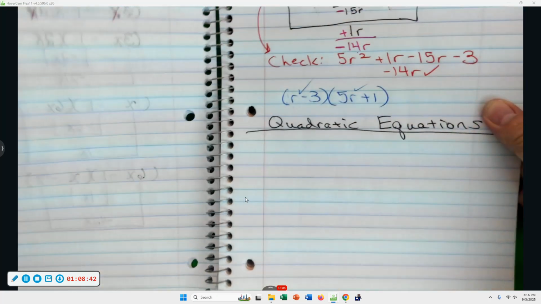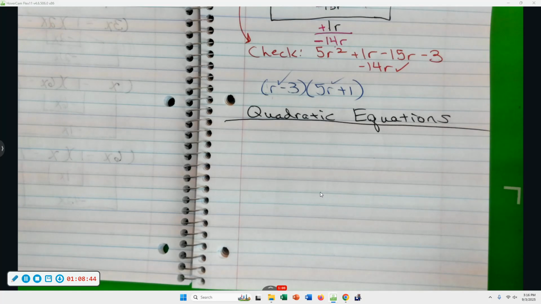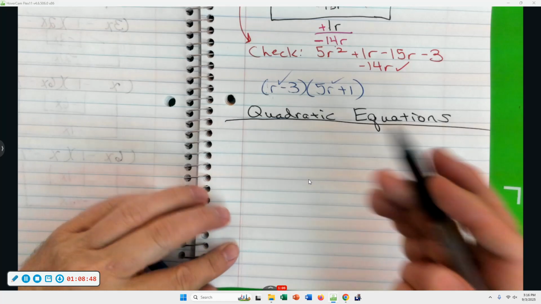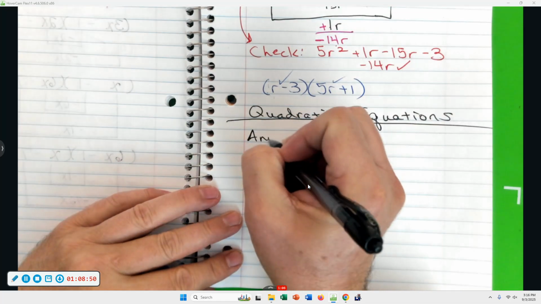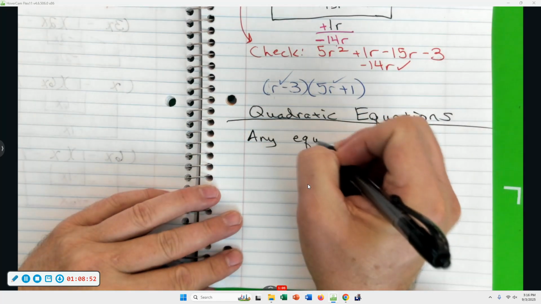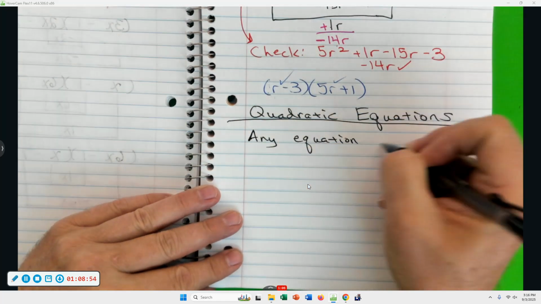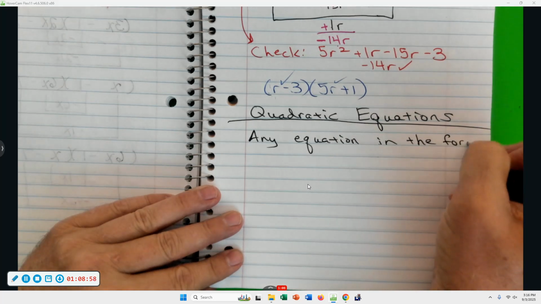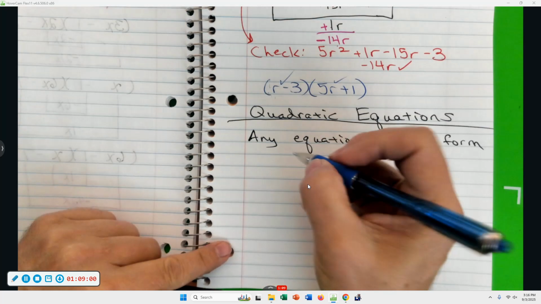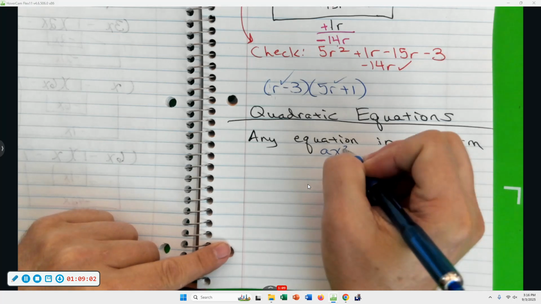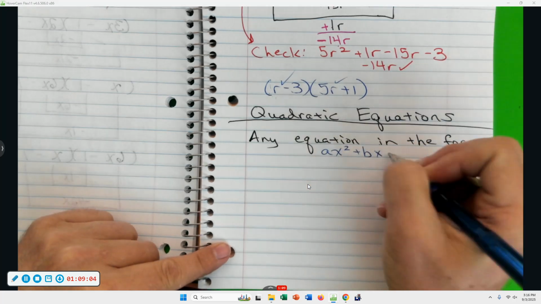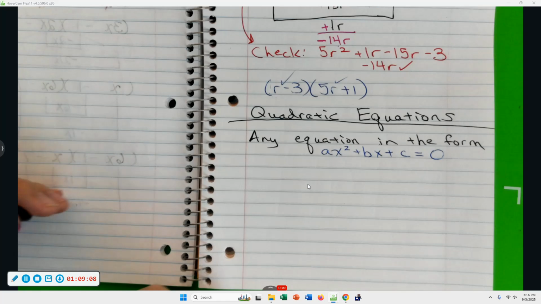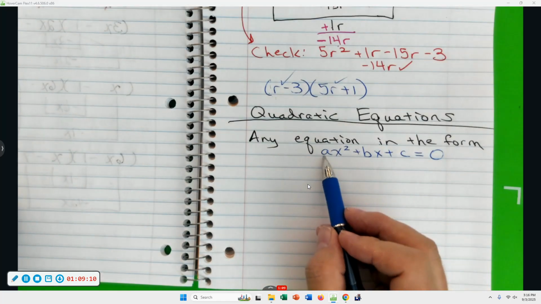1 plus 2 equals 3. Anything with an equal sign is an equation. A quadratic equation is any equation in the form, or that can be written in the form ax squared plus bx plus c is equal to 0, where a doesn't equal 0.